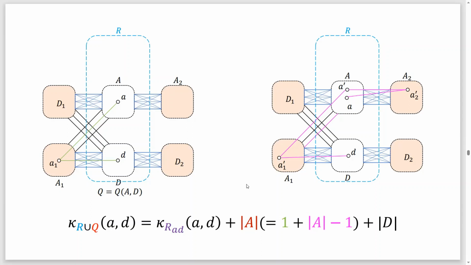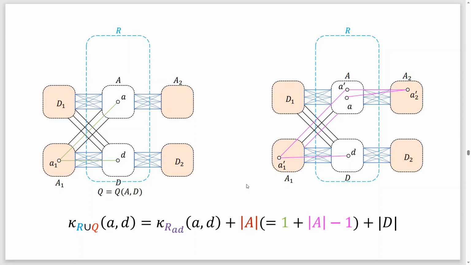That is, we can view the green path and the pink paths upside down. Then the green path will become from D to D1 to A, and the pink paths will become via some other node D prime and its replications D2 prime and D1 prime.